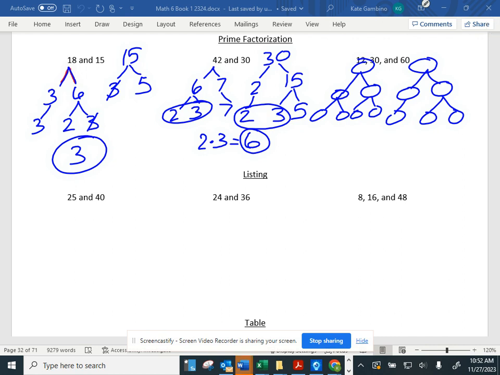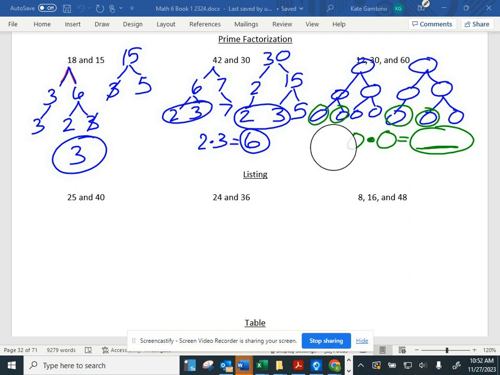And then you might show that, hey, they share these two numbers, so we multiply those two numbers to get our answer. So you multiply any factors that they share together, only the ones that they share.